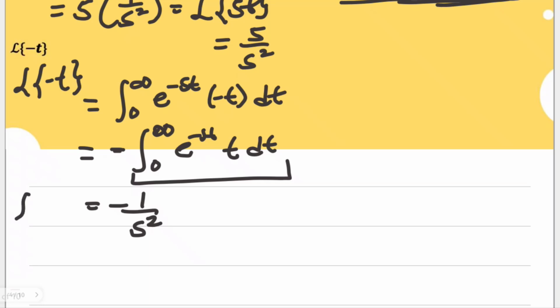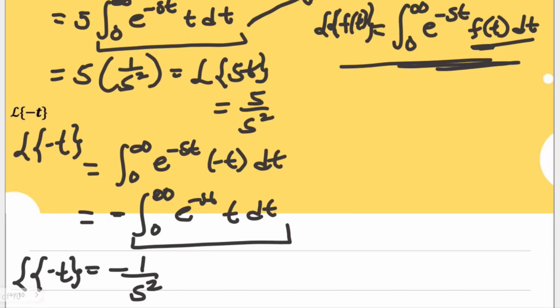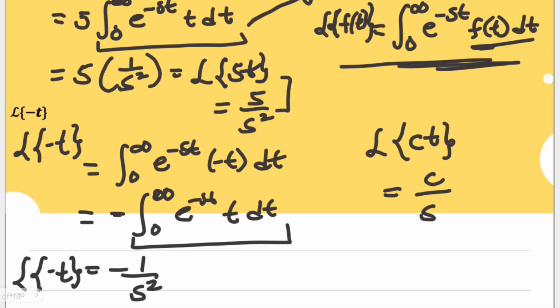With this being the Laplace transform of negative t, and the Laplace transform of 5t earlier, we can now generalize for the Laplace transform of any constant c times t: this is just equal to c, whatever that c is, over s squared.